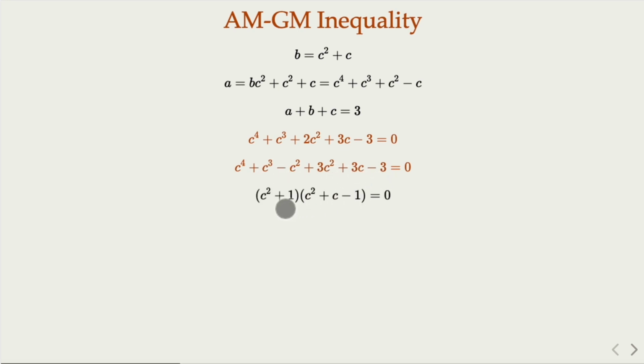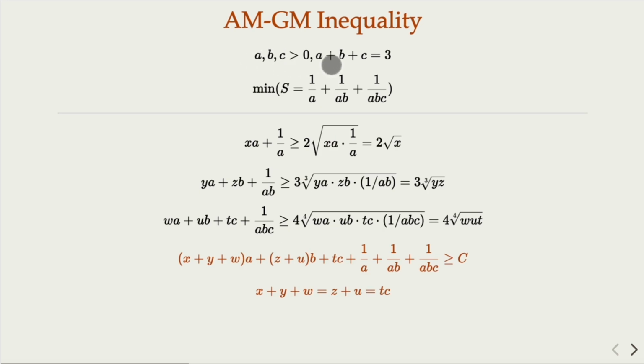So we can factor that. Now c is a positive number, so this equation has 2 roots, but since c is positive, we solve for c. Once we solve for c, we can calculate b here using this expression, b equal to 1, and we solve for a from the second equation here.